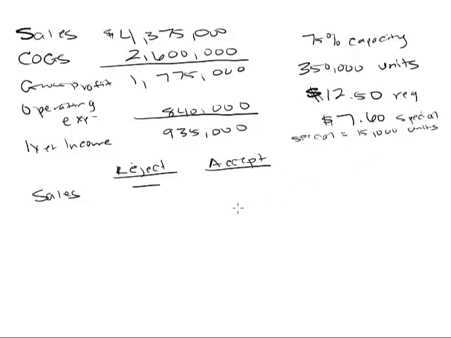So 15,000 units at $7.60 a piece means we're going to get $114,000 in sales from that order. So your net income increase or decrease, your differential or incremental income, same thing, means we're going to get an extra $114,000.